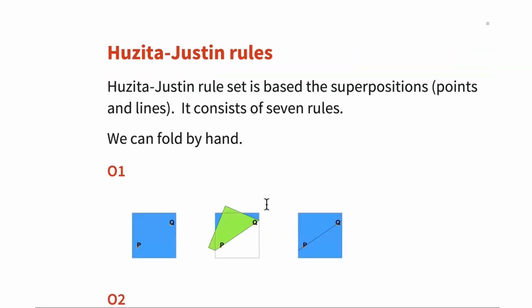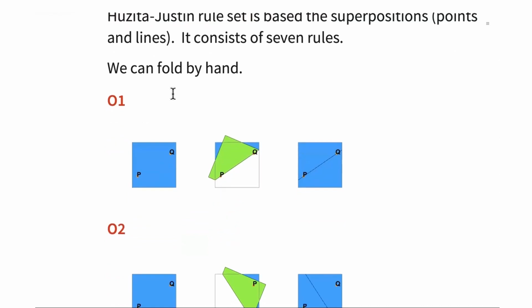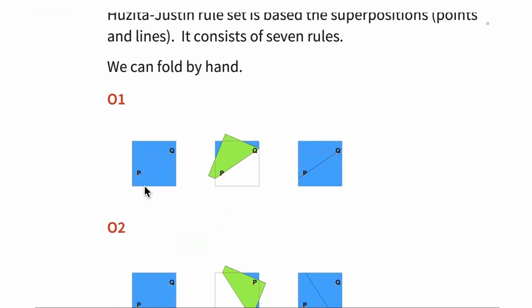So I would like to show how to do it. It's just several lines of the Orikoto programming language. The Orikoto language has an implementation of the Fujita-Justin rules, which is the base of the mathematical theory of origami. There are 7 rules. One is, if you look at O1, to fold along the line that passes through two points.